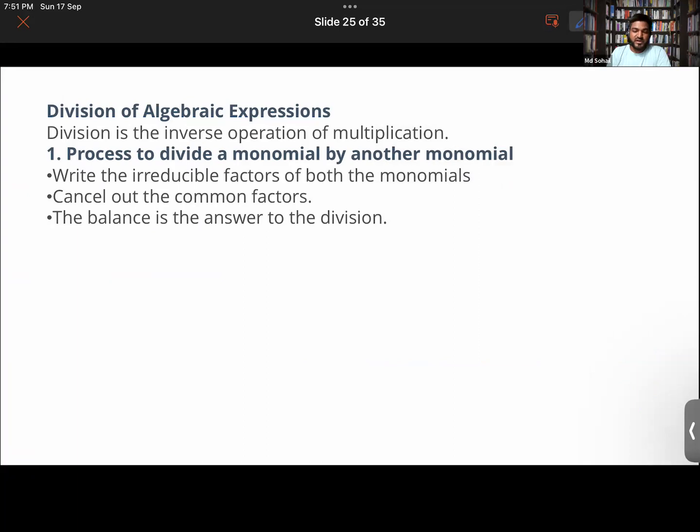Division is simply the inverse operation of multiplication. So these are the three ways in which divisions between algebraic expressions are done.